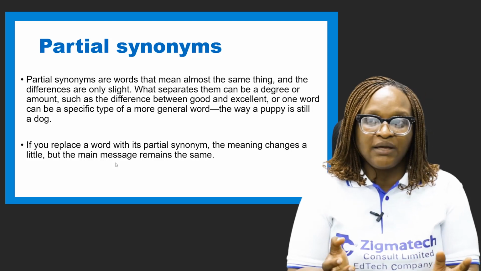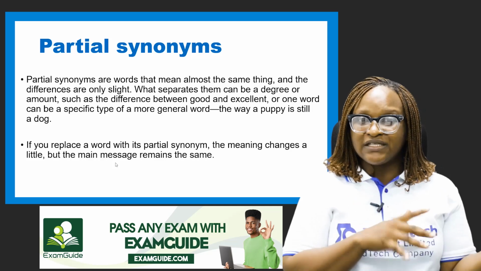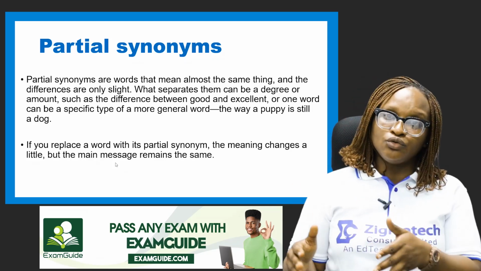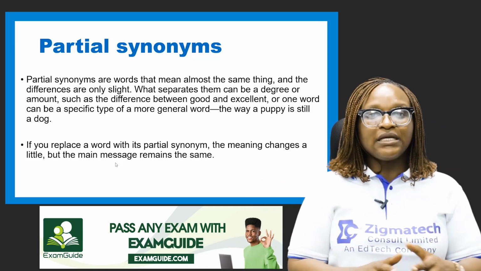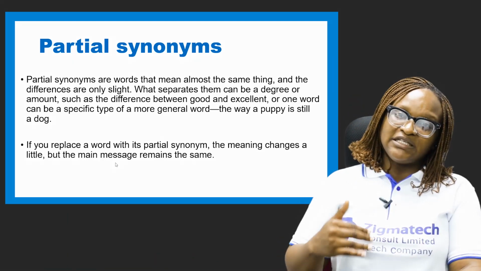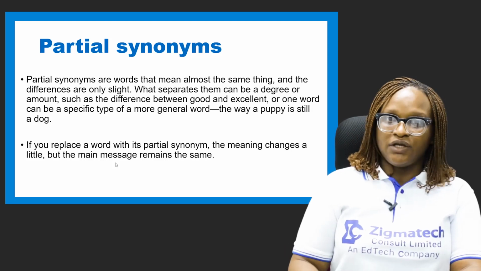So what separates them can be a degree or amount, just like what we saw in the example when we started the introductory part, where we looked at the word good and saw the varying synonyms of good. We said they both mean the same thing, but the only difference is that the degree at which it is used is different.